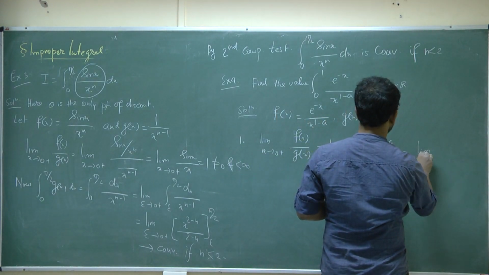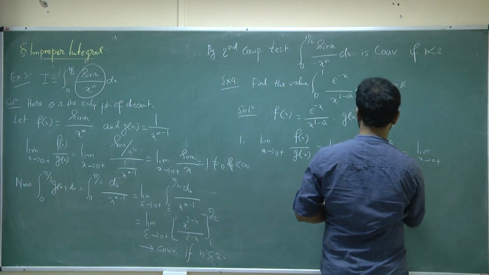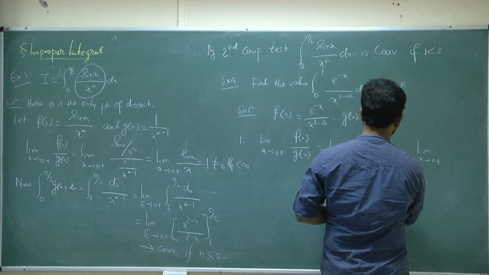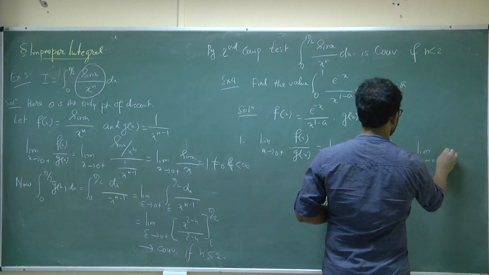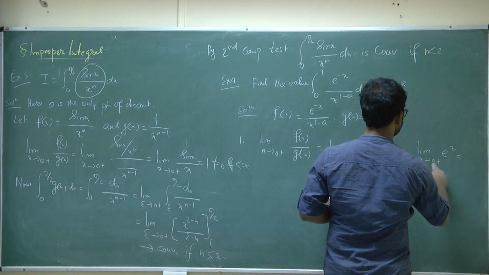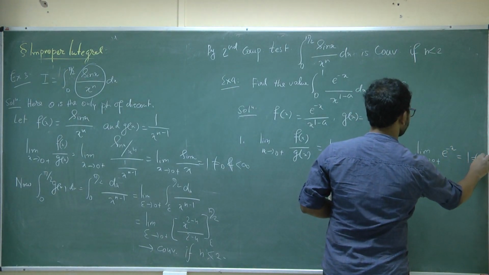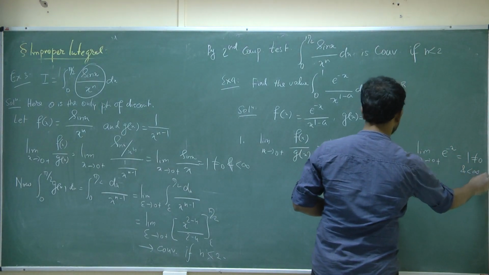Since x is tending towards 0 positive, we can cancel out x to the power 1 minus a, and this becomes e to the power minus x. So, this is 1, which is not equal to 0, and it is finite.